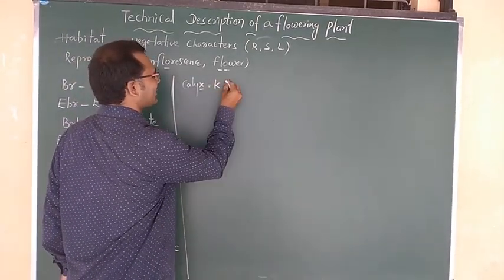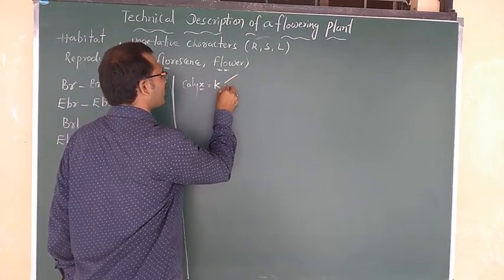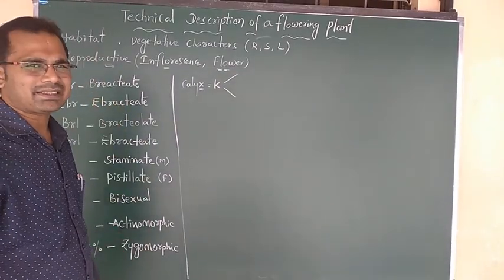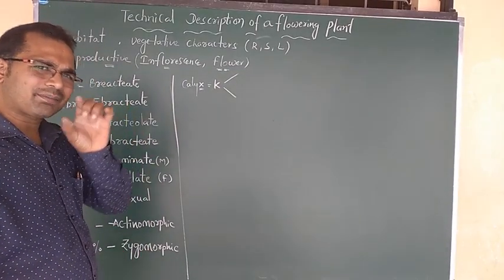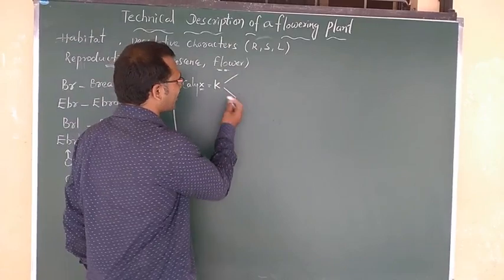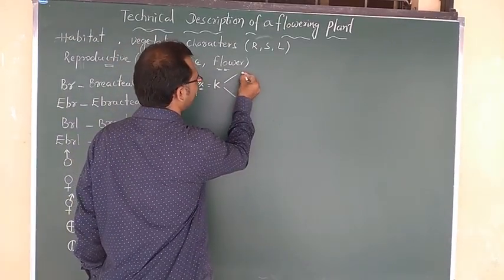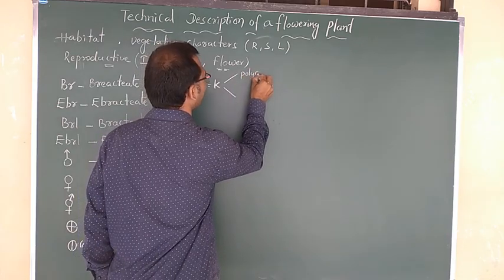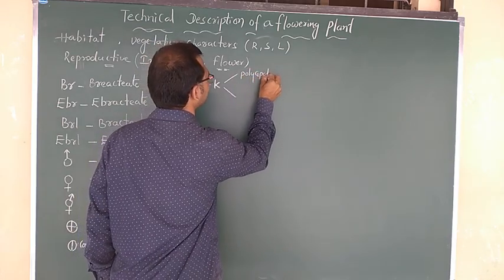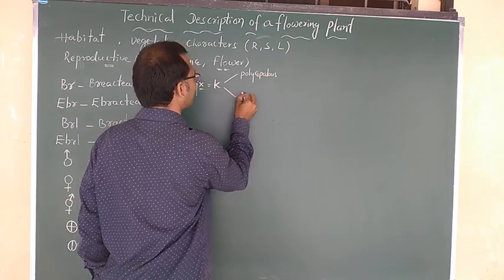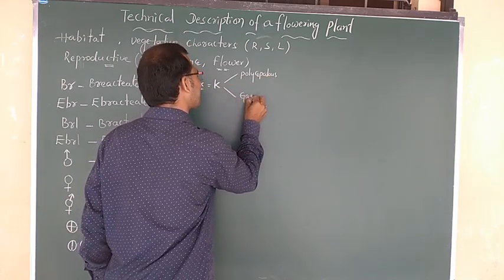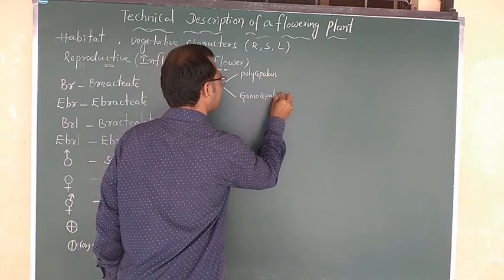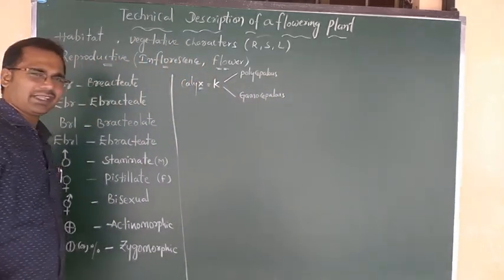Calyx is considered to have two possibilities here. The members of the sepals may be united or may be free. Free means polysepalous, united means gamosepalous. So here, important one.